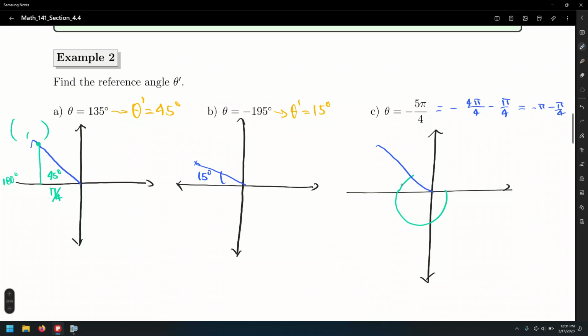And again, we have already seen this before. This is a 45 degree angle, so in this case that reference angle is theta prime equal to 45 degrees.